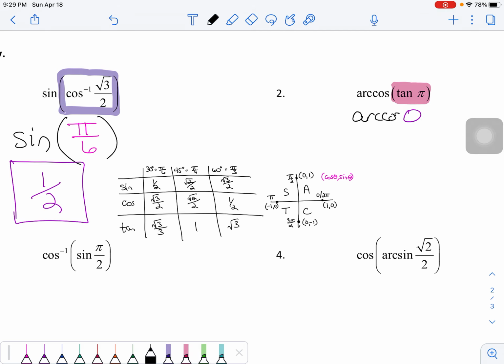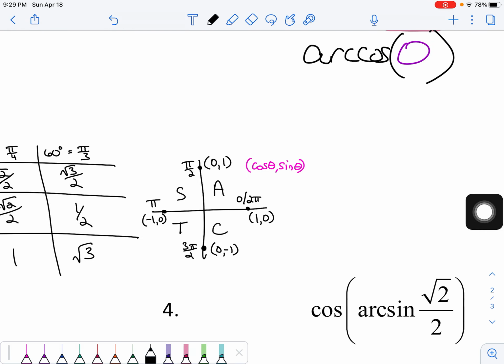All right, so this piece right here just turns into 0. And now I'm looking for the arc cosine of 0. Remember, arc cosine is the exact same thing as inverse cosine. So I want to know what radian measure gives me a cosine value of 0. That's what that inverse cosine, or arc cosine, says. There's no 0 for cosine in my trig chart, so I'm going to slide over to my unit circle.